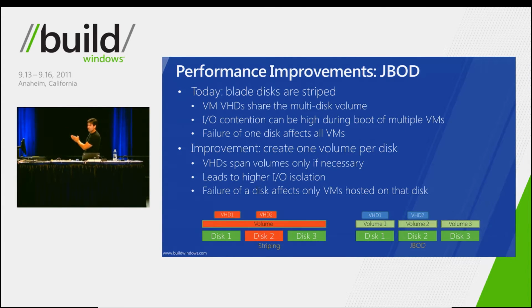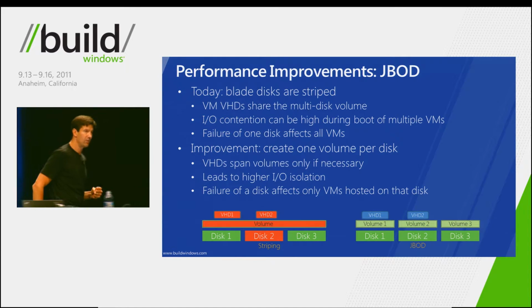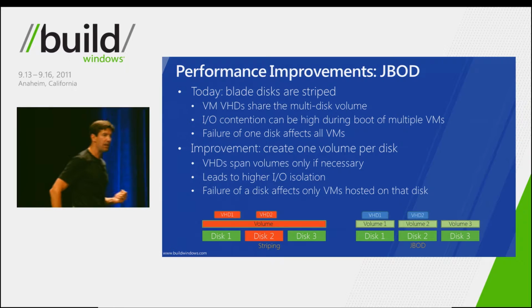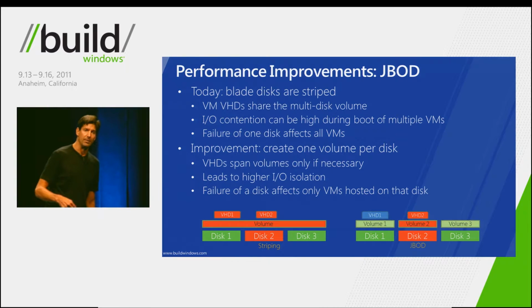Just separate disks with separate volumes on the disks, and we will put the VHDs on the individual volumes. If the VHDs are too big for a volume, we'll span them at the file level across the volumes. And that way, in this same case here, if that same disk goes bad, it affects only the VM for VHD2, which is bad, of course, but hasn't affected VM1.